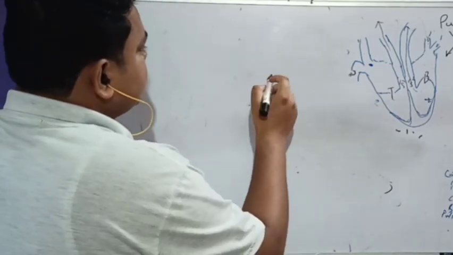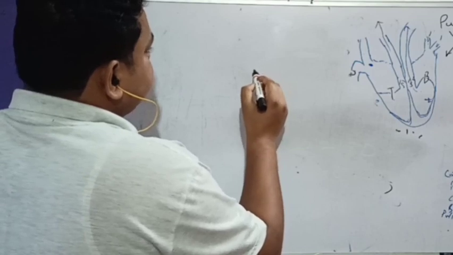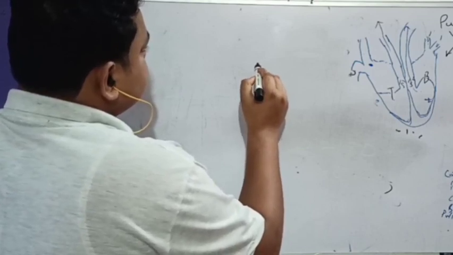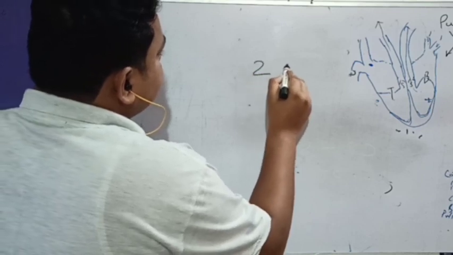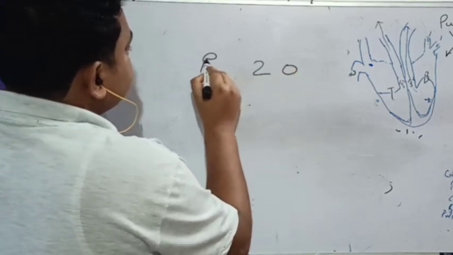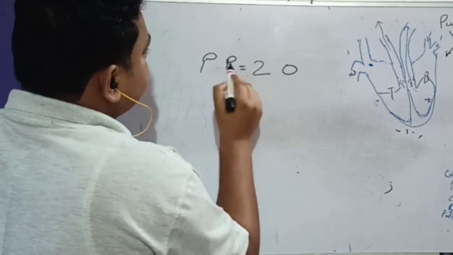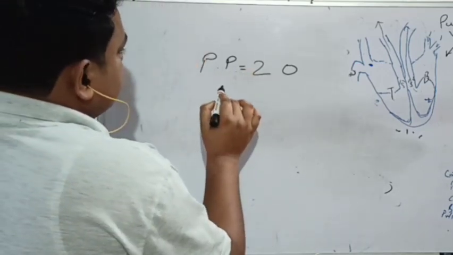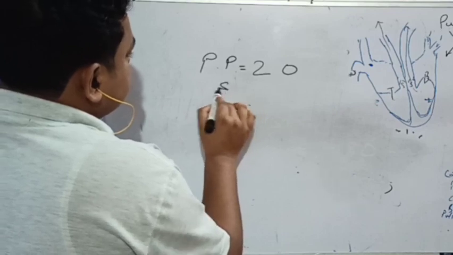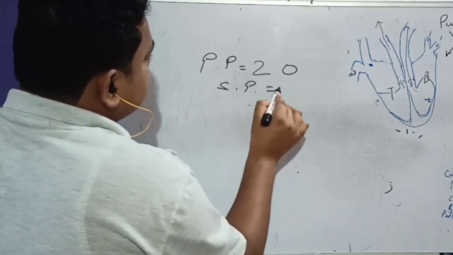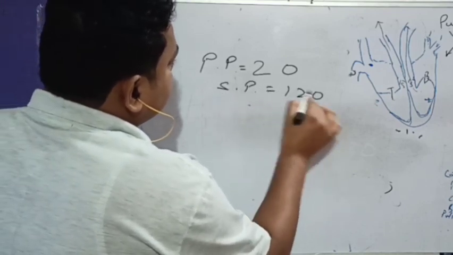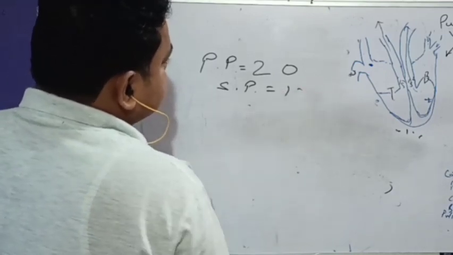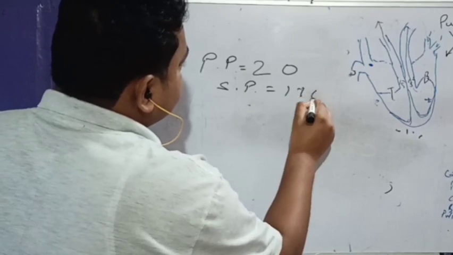It will be like: the pulse pressure is 20, pulse pressure equal to 20, and systolic pressure is, sorry, 110.